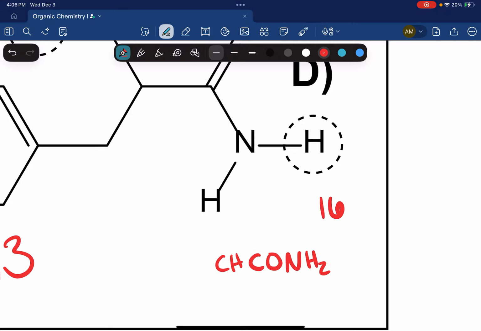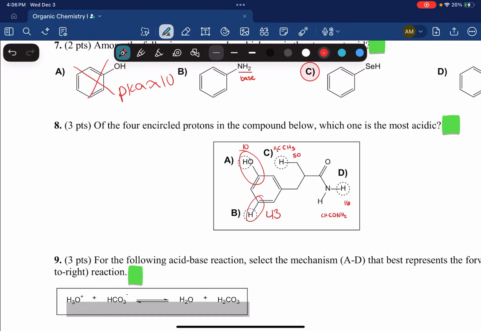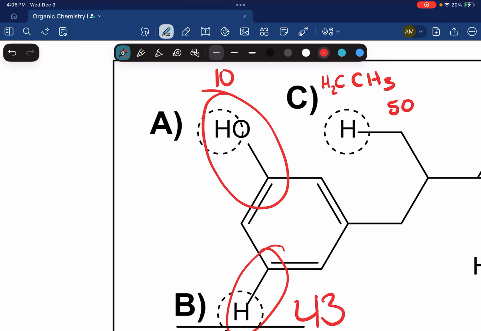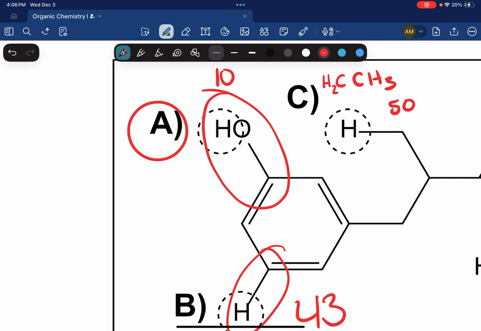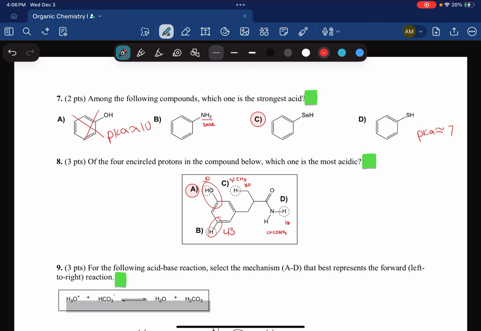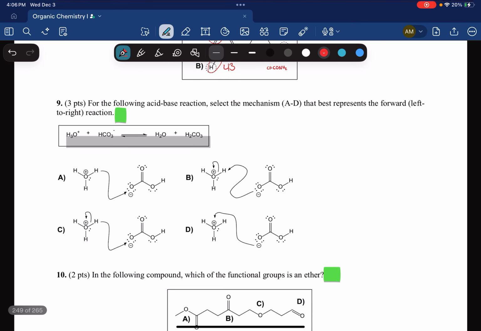It's on the farthest right column, kind of in the middle, or actually towards the top, sorry. Yeah, it's like 5 down. Okay, so now let's look at all of our pKa's. 10 is the lowest, and the lower the pKa, the more acidic. Okay, moving on.